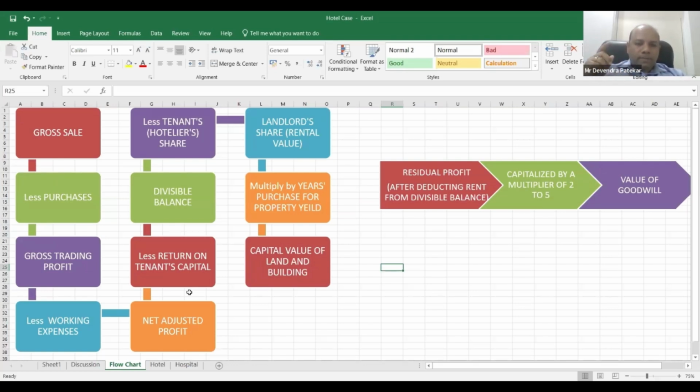Now here, again, there are certain set of assumptions. Let's say the divisible balance is 1 crore rupees. So out of 1 crore, how much amount is earned through goodwill, and how much amount is earned by that particular building?